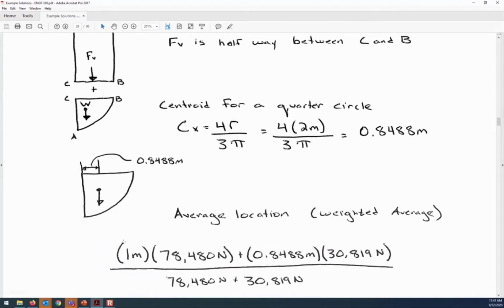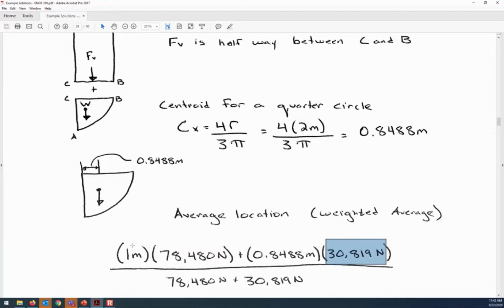So what I'm saying is that the location of FV, 1 meter from the edge, is proportionally determined by the magnitude of that force. And so I'm multiplying it by the magnitude of FV because I want its location to count more than the location of W, because W is a smaller force, so it shouldn't count as much. That's what we mean by a weighted average.